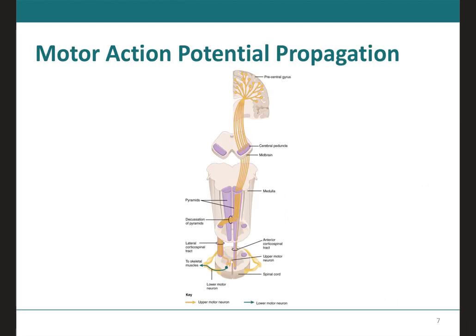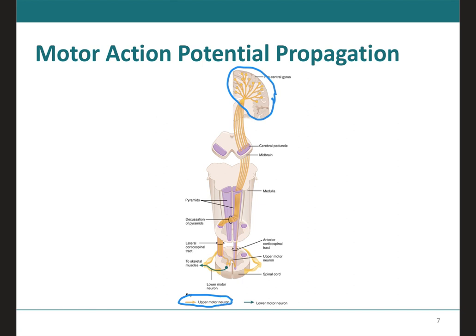Now here we have a representation of what is happening in the motor pathway. So again, it will start in the cerebral cortex, and all these neurons are the ones that begin the action potential propagation. And these are called upper motor neurons.